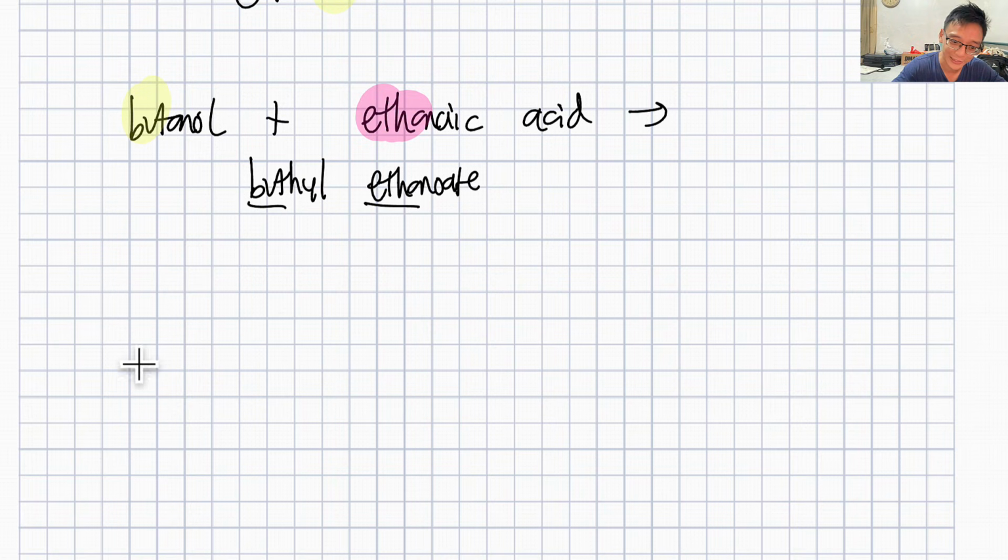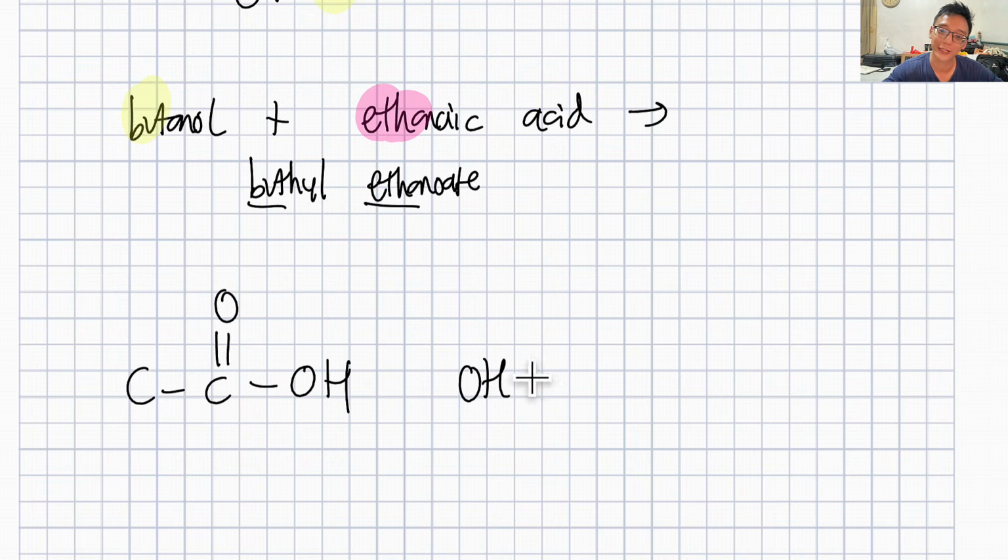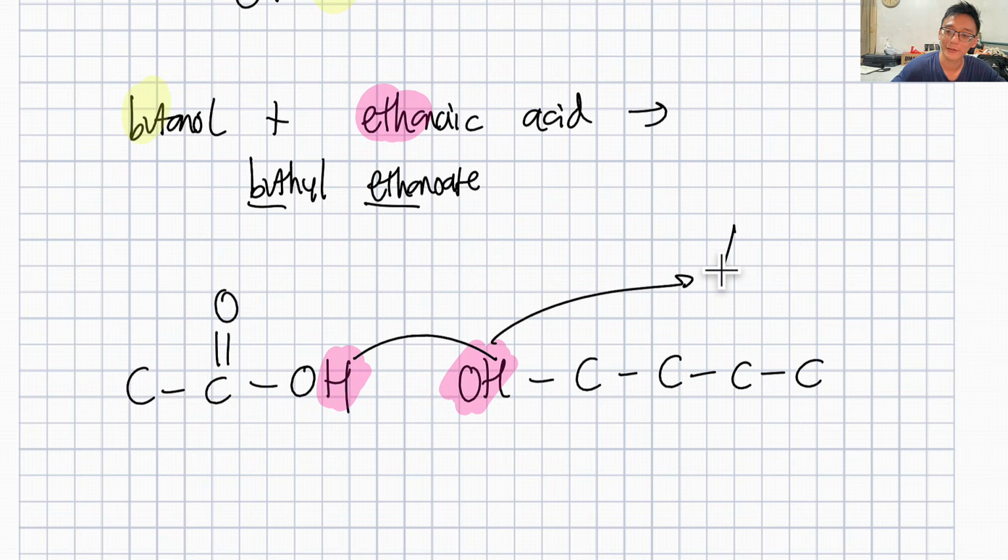So ethanoic acid, let's draw ethanoic acid first. 2 carbon, something like this. This is ethanoic acid, contains 2 carbon, it's a carboxylic acid. Butanol, let's draw the OH facing this way, and then 4 carbons. It's called butanol. Now let's remove 1 hydrogen and the OH to form water.